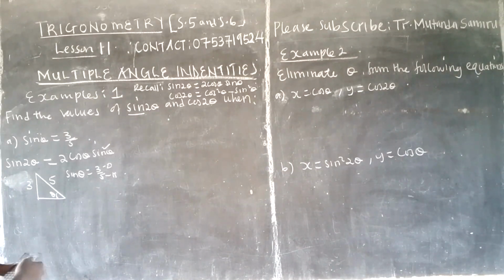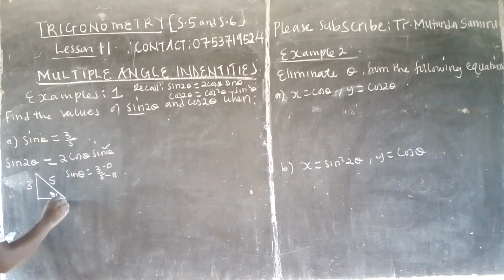You all know how to go about that. You can put the letter x, then go via Pythagoras theorem. Personally, I will save time and just go direct. So 5 squared minus 3 squared, that is 16, by the way, and the square root of 16 will give us 4.